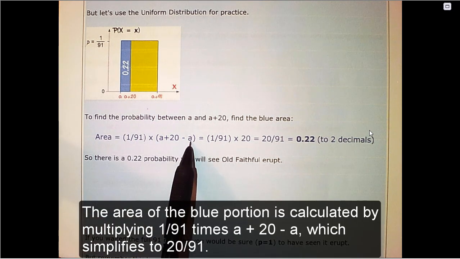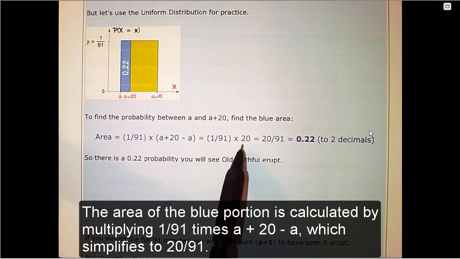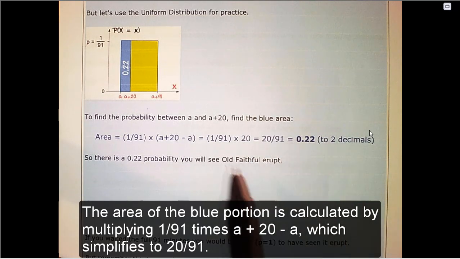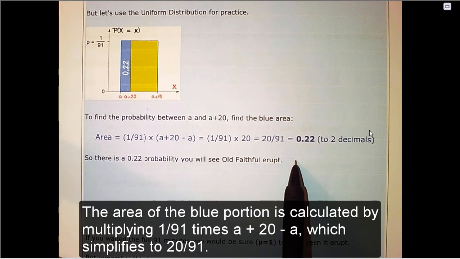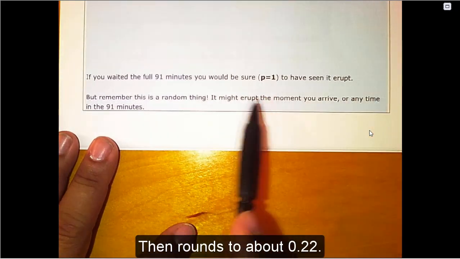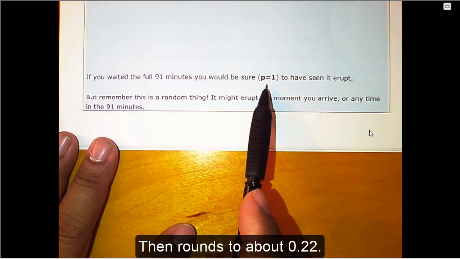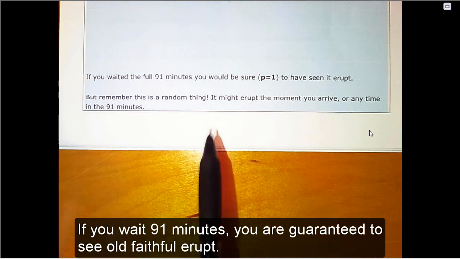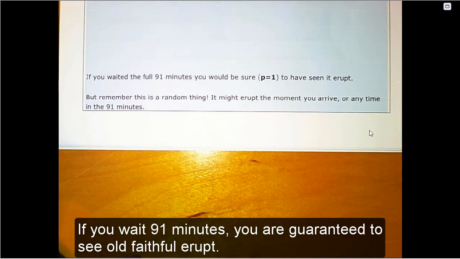The area of the blue portion is calculated by multiplying 1 over 91 times a plus 20 minus a, which simplifies to 20 over 91. Then rounds to about 0.22. If you wait 91 minutes, you're guaranteed to see Old Faithful erupt.